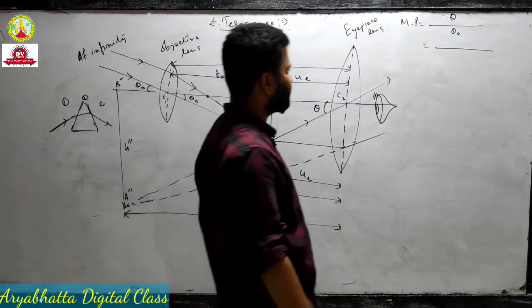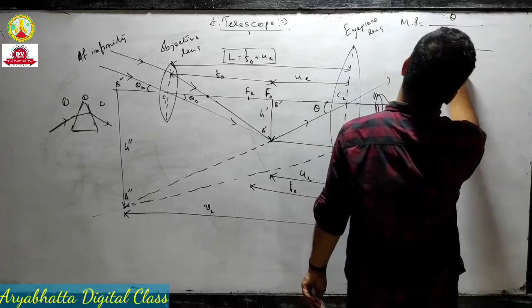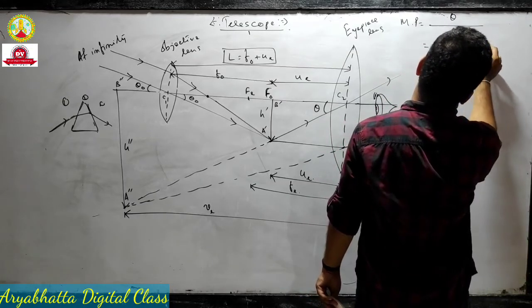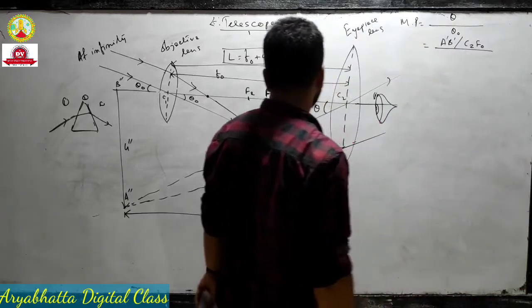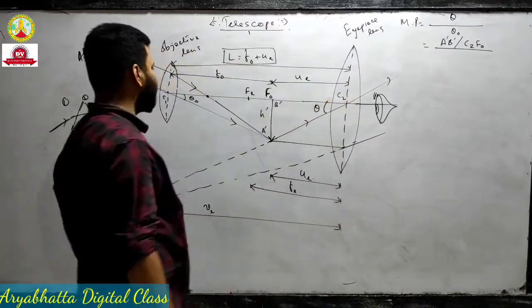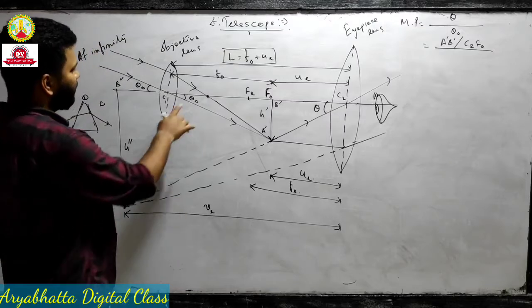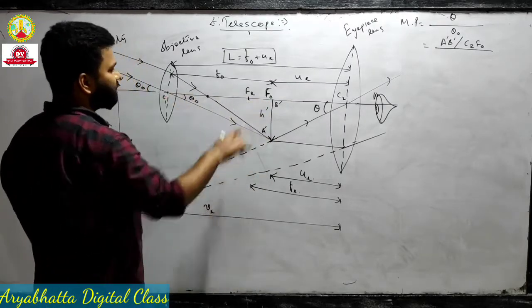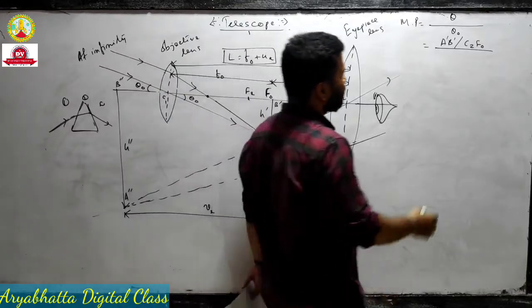Perpendicular is A'B', so we'll write here A'B' divided by C2F naught, base is C2F naught. Next, theta naught is perpendicular, that is A'B', base is C1F naught.